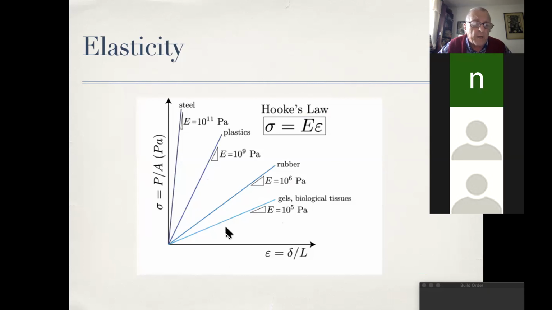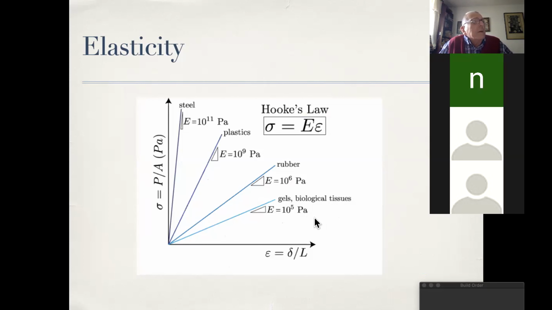For example, as you see, the Young modulus has the dimension of pascals, so it's measured in pascals. The biological tissues have a Young modulus which is 10 to the 5th of a pascal.